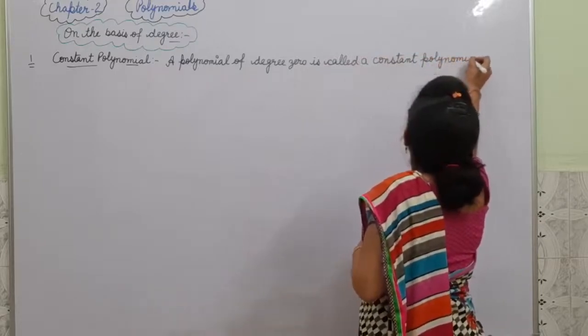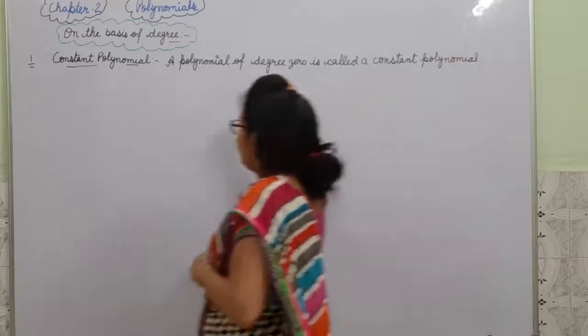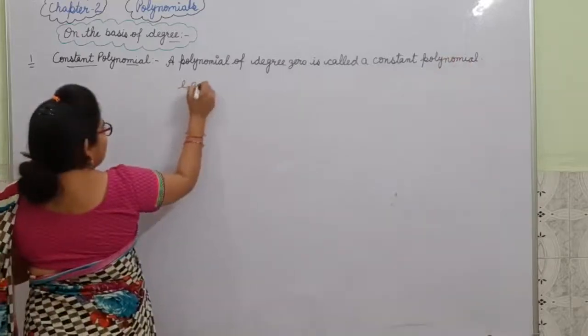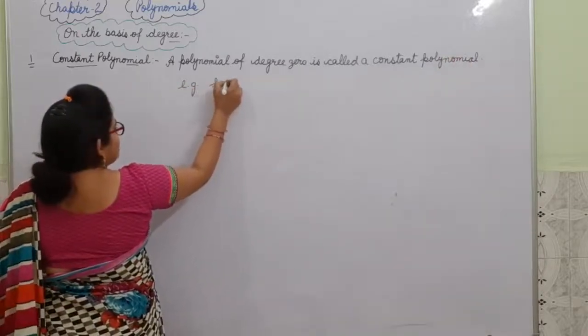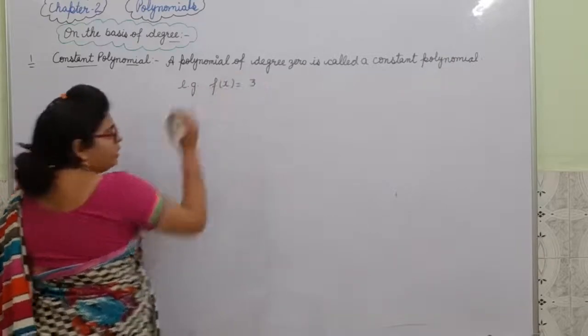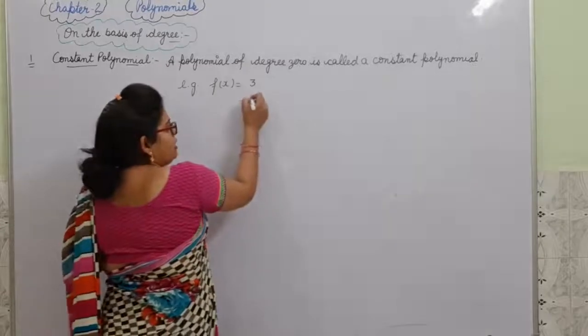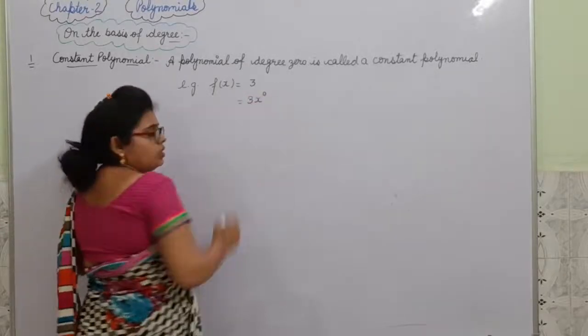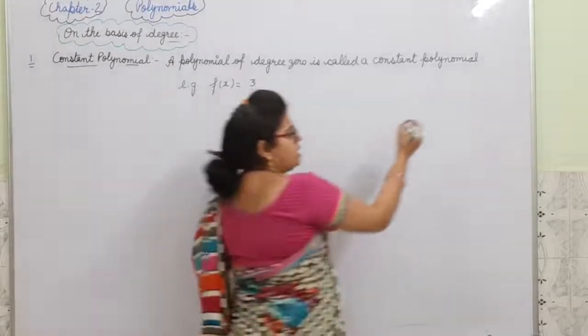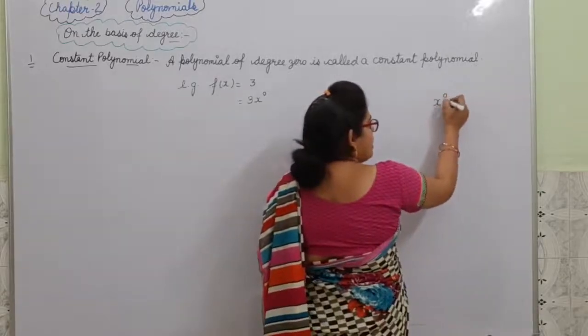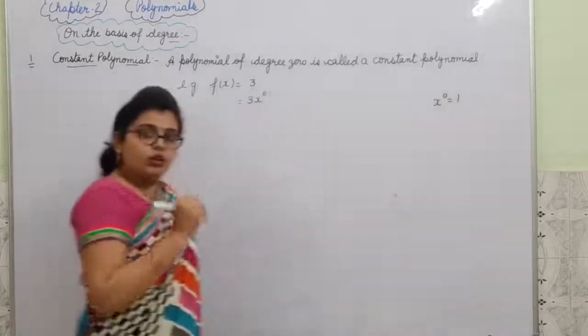Yes, dear students, take one example. Example: f of x is equal to 3. It is a constant number. It can be written as 3x raised to power 0, because any variable raised to power 0 is equal to 1.